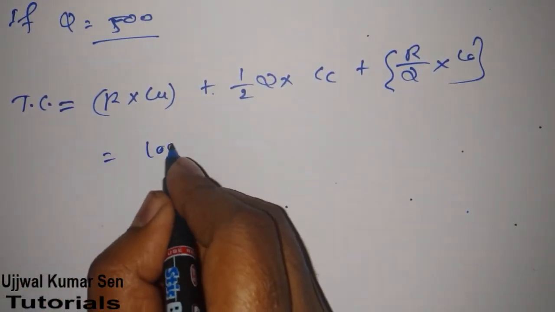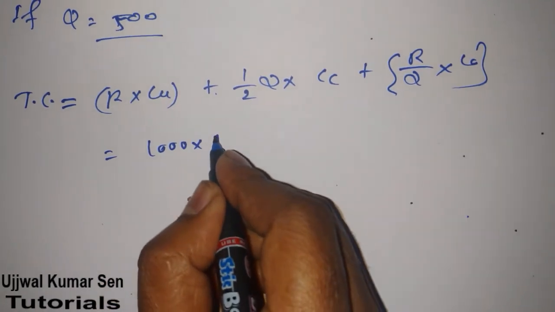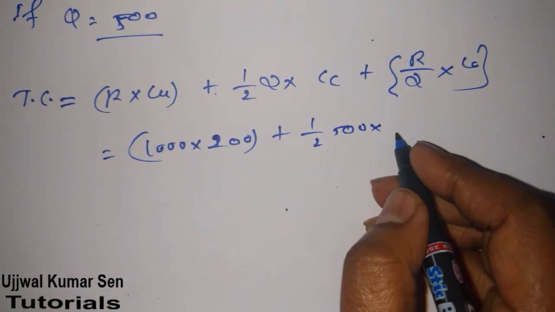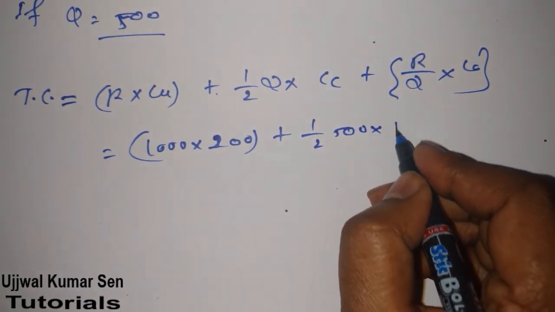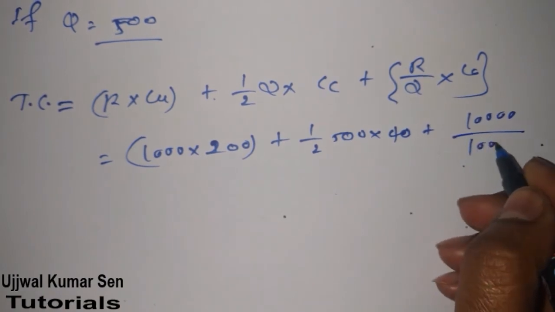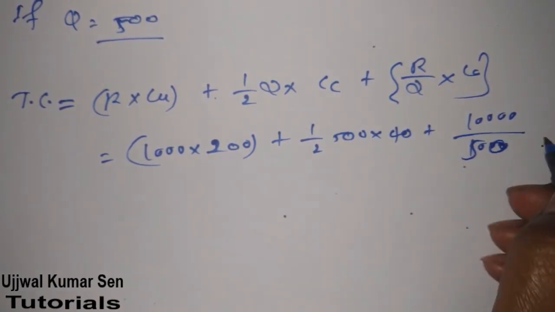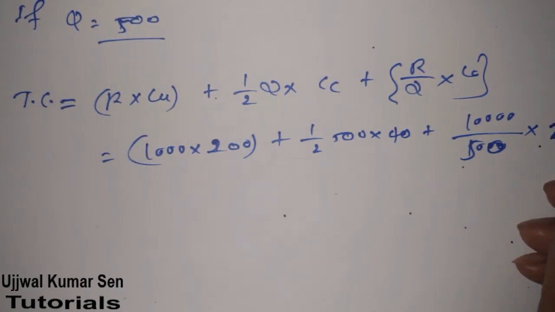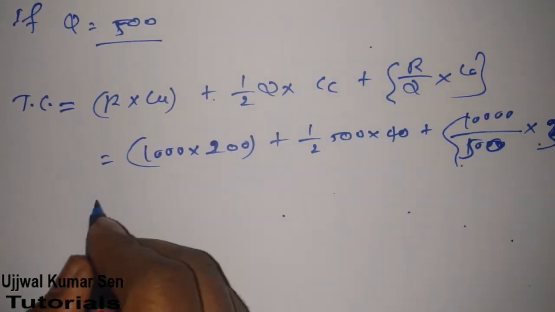What is R here? 10,000. Cu is 200. Q is 500. Cc is 40. R is 10,000, Q is 500, multiplied by C naught, that is the ordering cost, which is 300. Now we have to do the calculation.